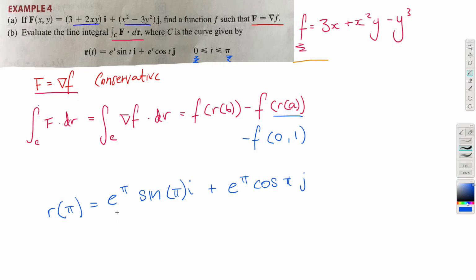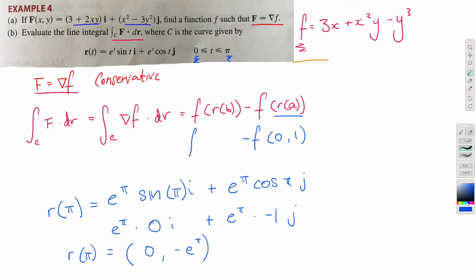So e to the pi is just e to the pi, times sine of pi, which is 0, plus e to the pi times cos of pi, which is negative 1. So therefore our point is going to be 0 for x and negative e to the pi for y.